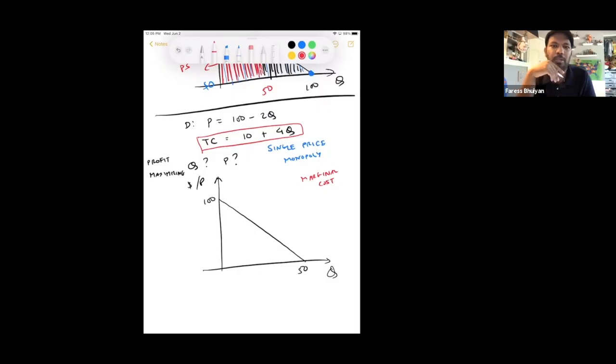Now let me look at the total cost curve and figure out what marginal cost is in this particular scenario. All right. Use the chat window and write down what you think the marginal cost in this scenario is.